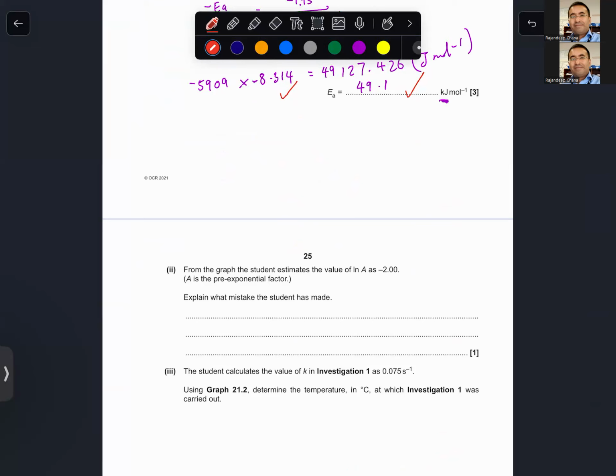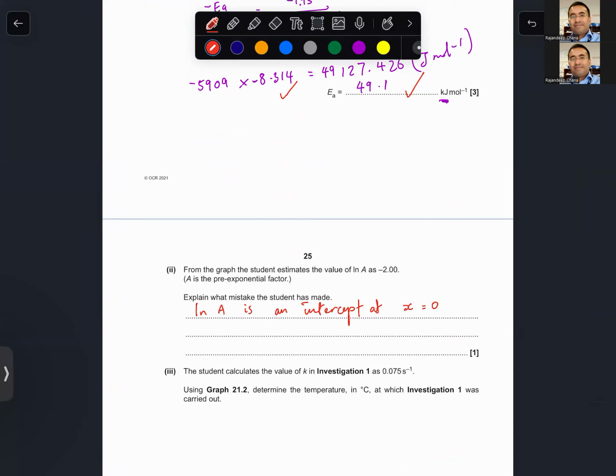So we can say that natural log A is an intercept at x equaling 0.